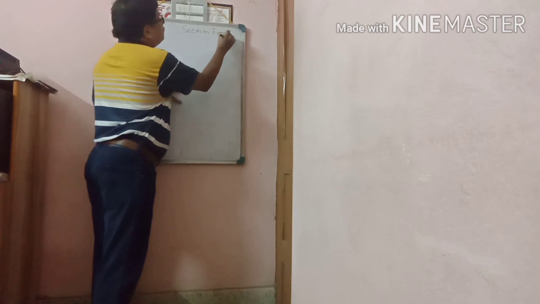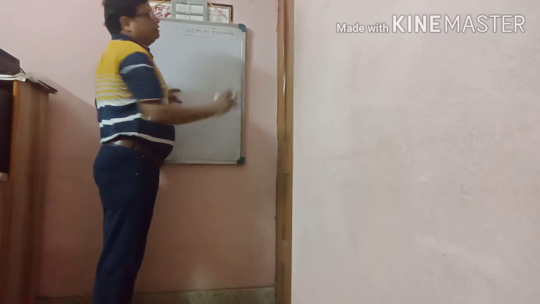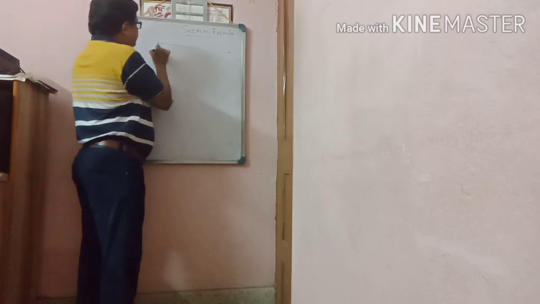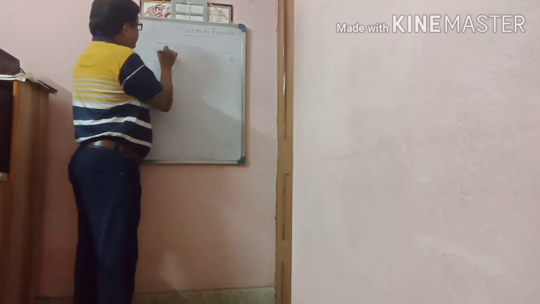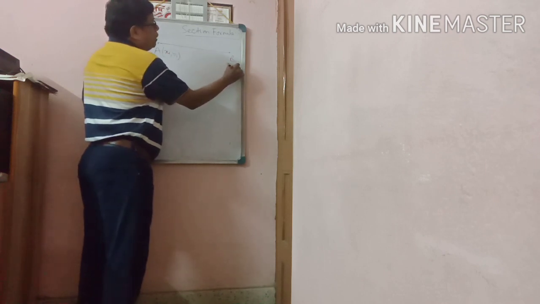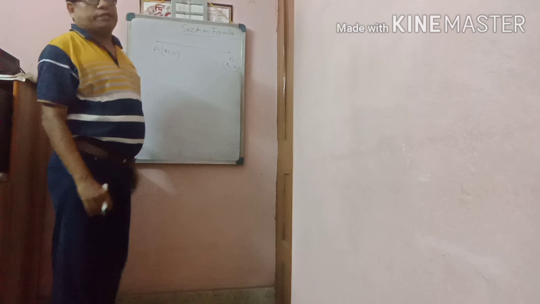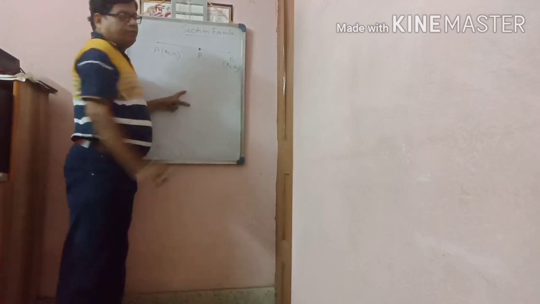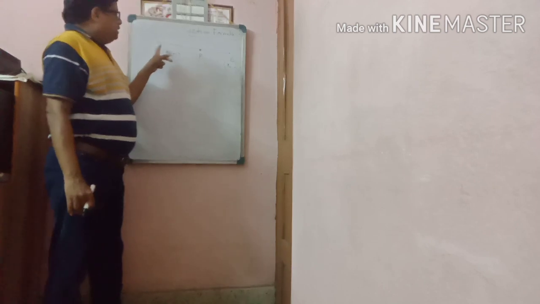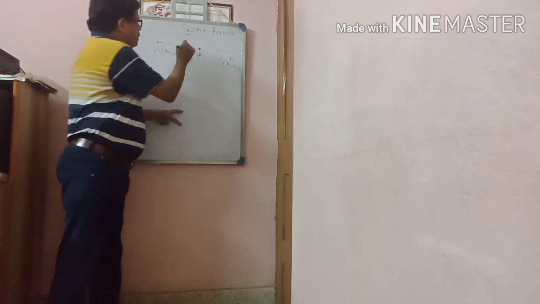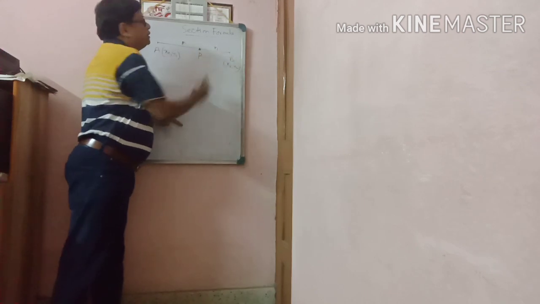Just I am reminding. Suppose the line segment AB is given, with coordinates A x1 y1 and B x2 y2. The point P, suppose, divides AB in the ratio m is to n.